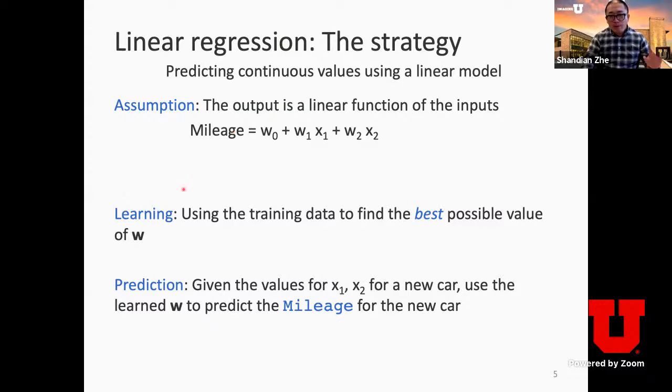And our learning is to use the training data to find the best possible values of those parameters, including the bias and the feature weights. Once we have identified these parameters, the weight vector W, we can use them to predict the mileage for some new test cars, as long as we're given their values x1, x2.